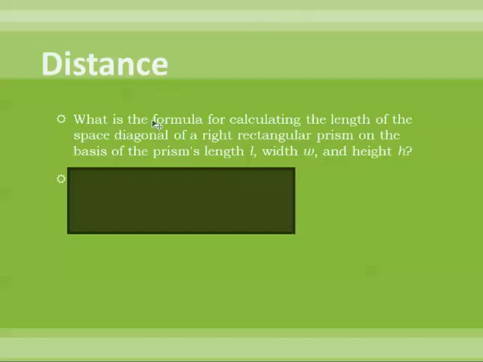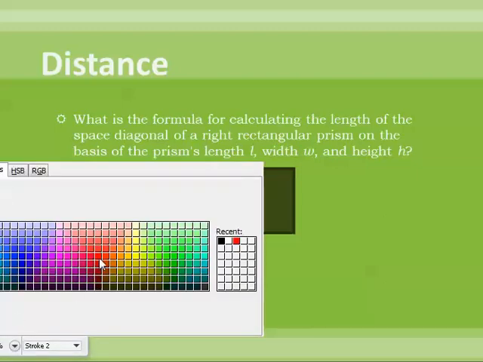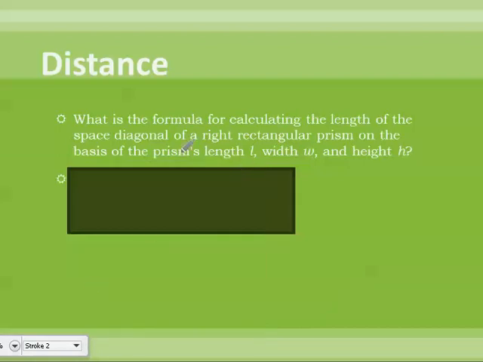Distance. There's a formula for calculating the length of a space diagonal. Okay? Space diagonal. That's the one that goes through space. Of a right rectangular prism with base length L, width W, and height H. So what you're looking at here is a rectangular prism, a right rectangular prism.